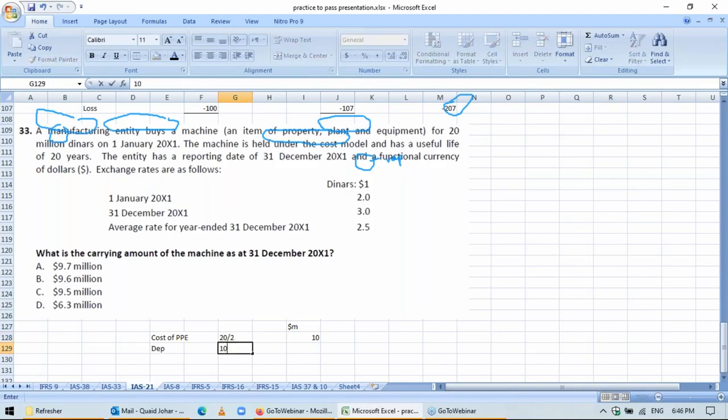So depreciation is 10 divided by 20 years. So this gives you the carrying value of 9.5 million. The correct answer is $9.5 million. It's C.